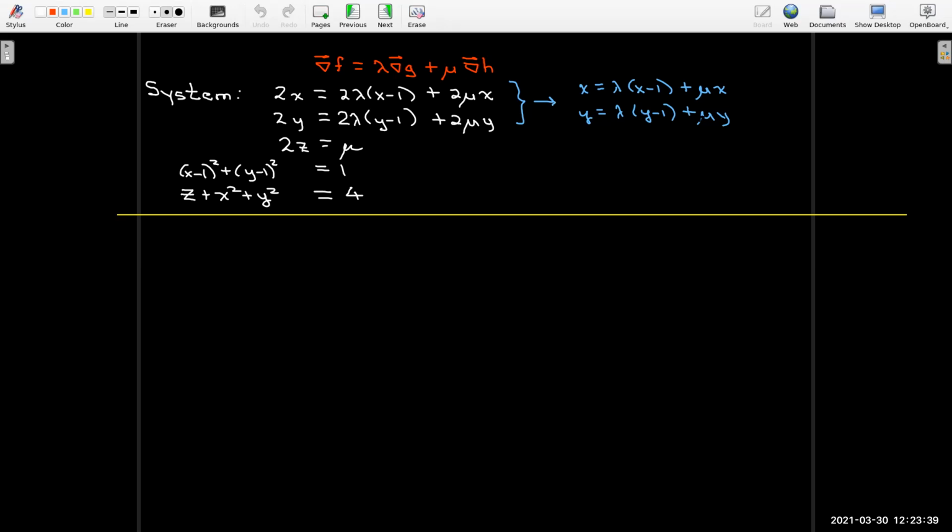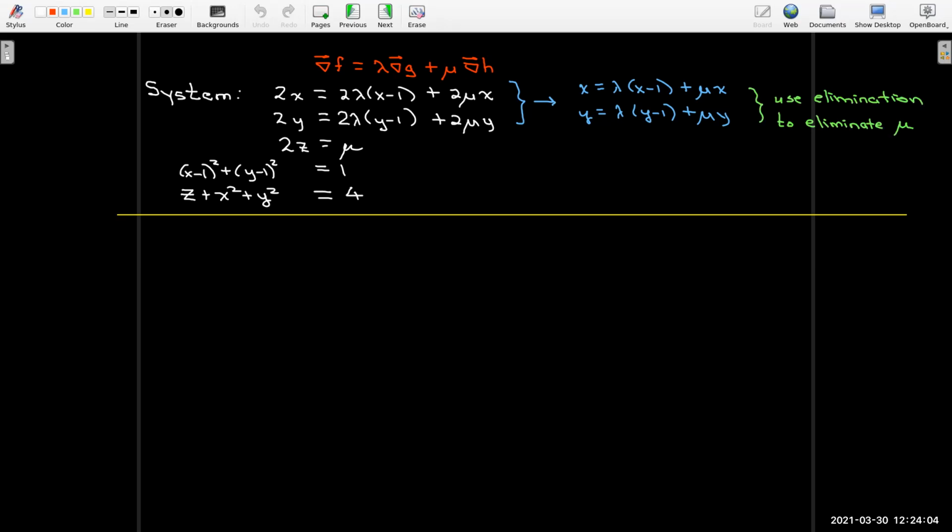I'm going to solve for my Lagrange multipliers. That should give me a relationship between x, y, and possibly z, but there's no z here just because of the nature of one of the constraints. And then I can use that relationship in my constraint equations to solve for x or y.